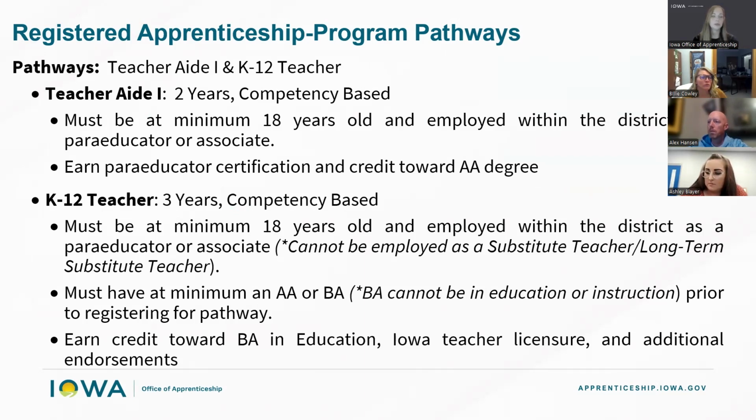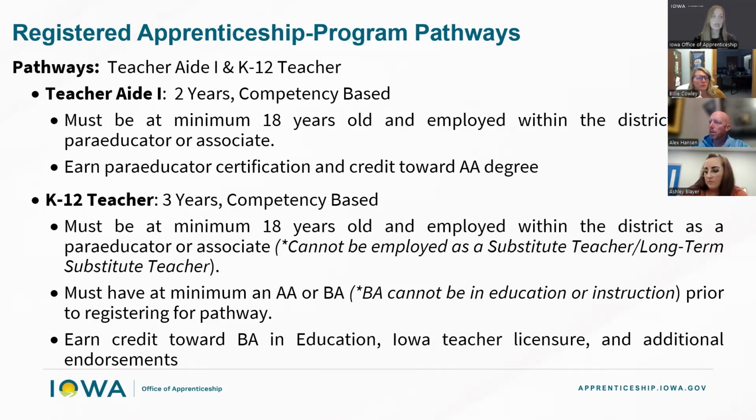In the K through 12 teacher pathway, this is an estimated 3 years competency-based apprenticeship program. Eligible candidates must be at minimum 18 years old and employed within the district as a paraeducator or an associate. They cannot be employed as a substitute teacher or a long-term substitute teacher. They must have a minimum of an associate's degree or a bachelor's.